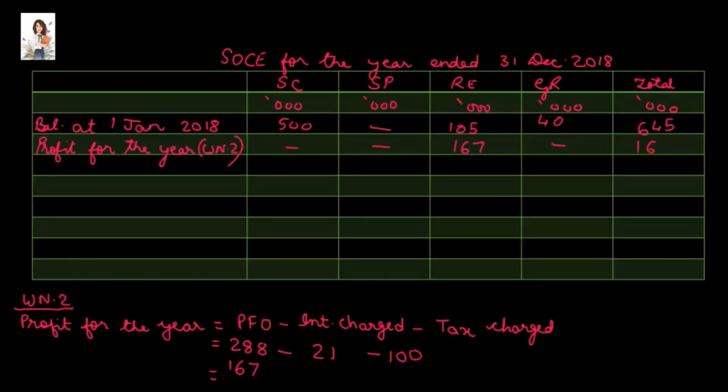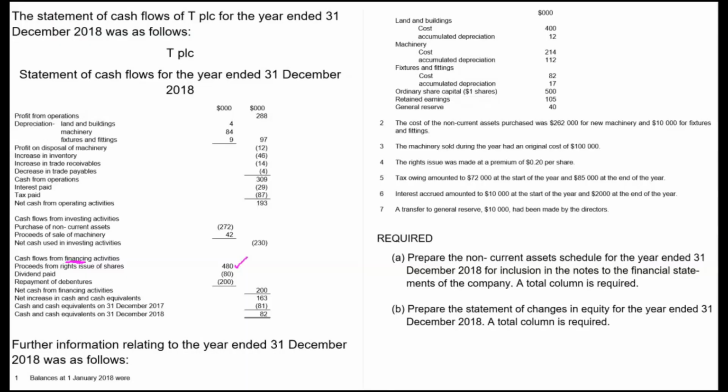So we can now record this in our schedule, that is issue of rights shares, which was working note 3. So there was an increase of 400,000 in the share capital and an increase of $80,000 in the share premium. That is a total increase of $480,000. We will now look at the second item in the financing activities, that is the dividends paid.